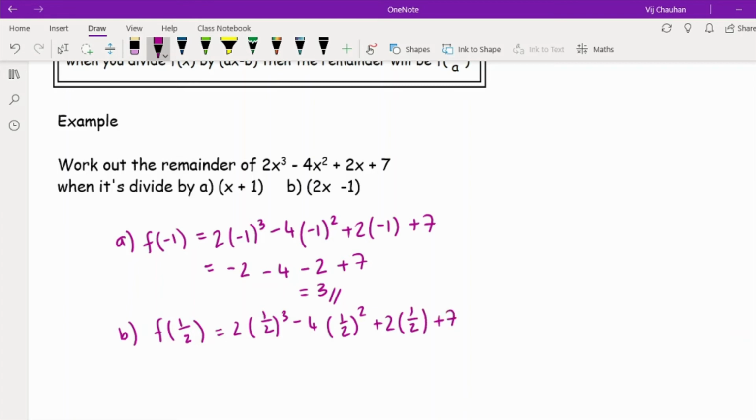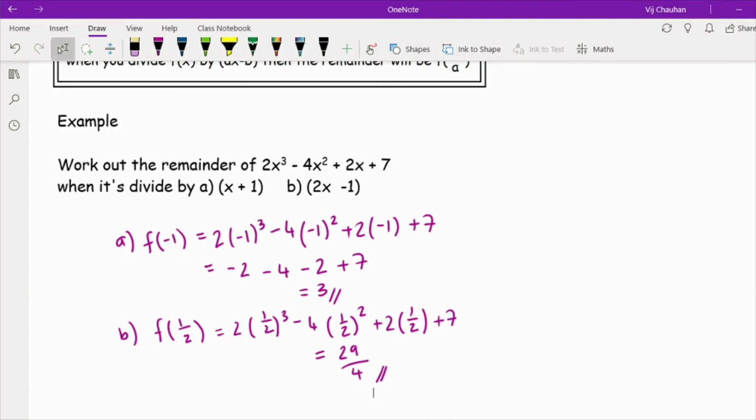If I quickly type that into my calculator, I'm going to get 29 over 4. And there is your remainder. So in some cases you might get fractions, sometimes you might get a whole integer.